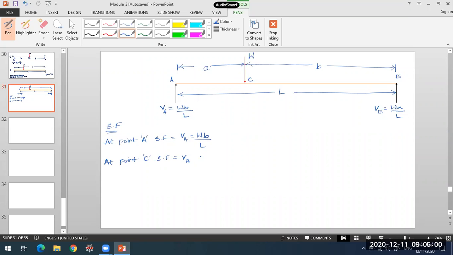So that is VA itself, which is equal to W into B by L.